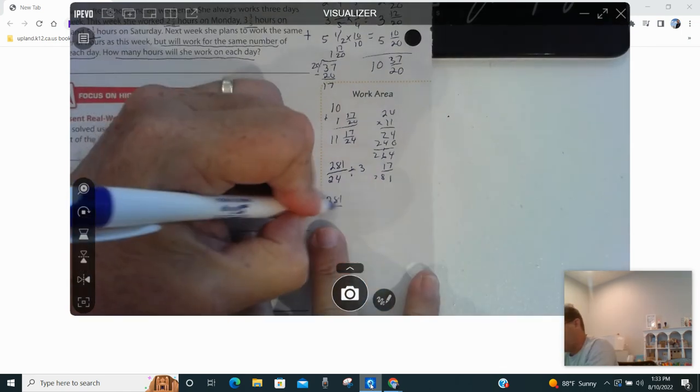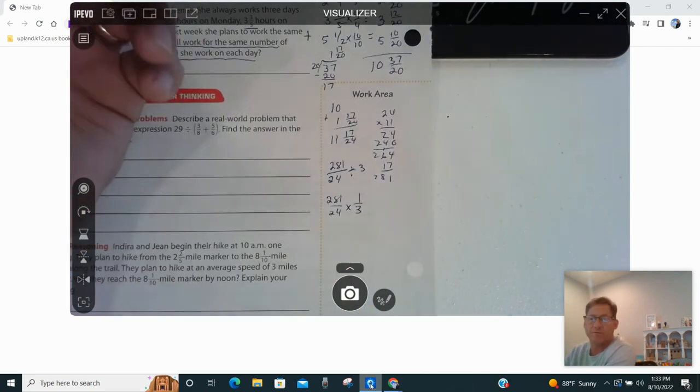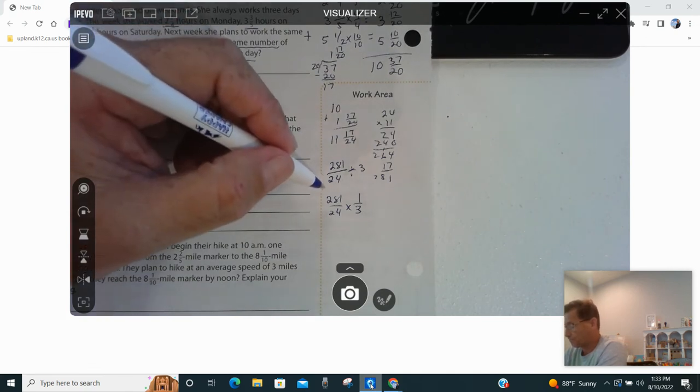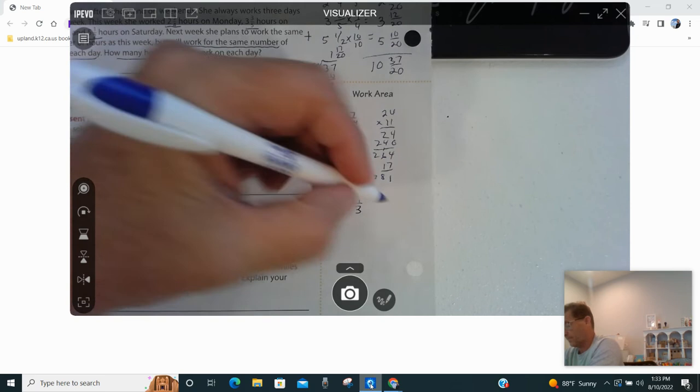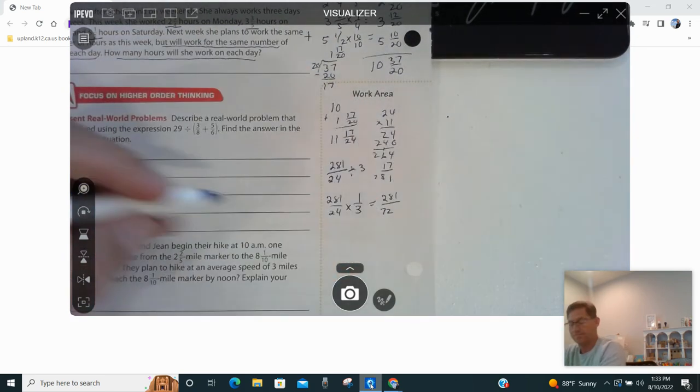So 281 over 24 times the reciprocal of 3, which is 1/3. So 281 over 72.